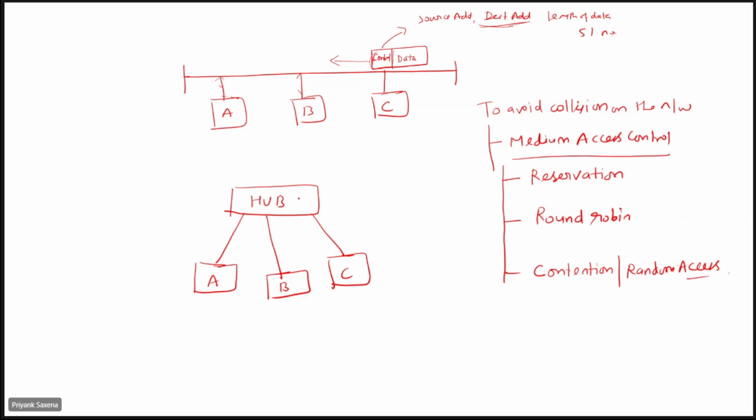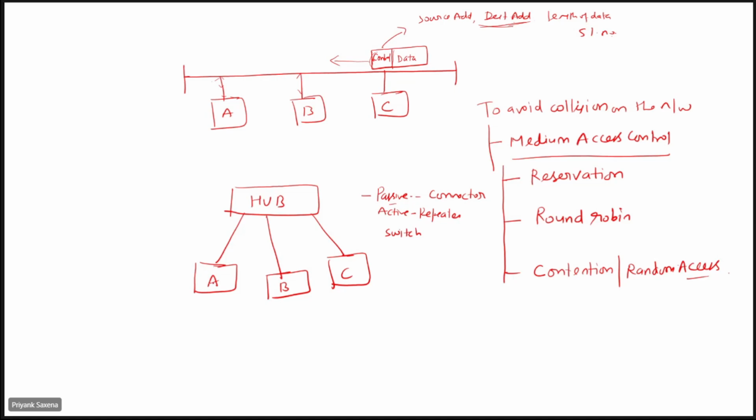This hub can be a passive hub, which means it will simply be a connector, or it can be an active hub, which acts as a repeater, or it can be a switch, right?